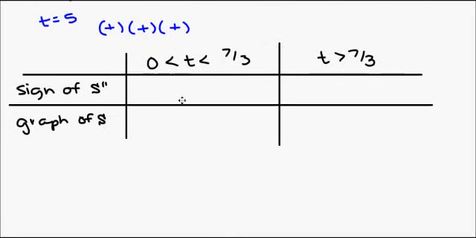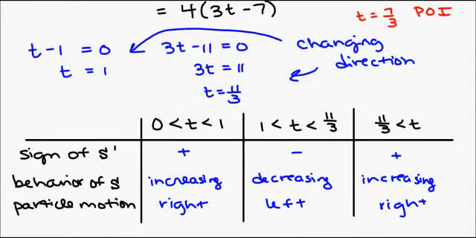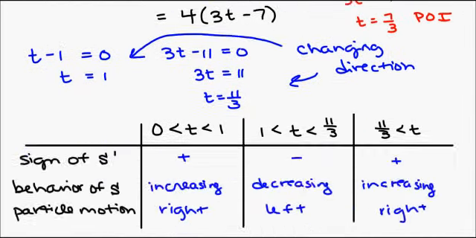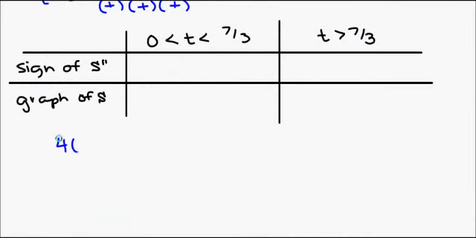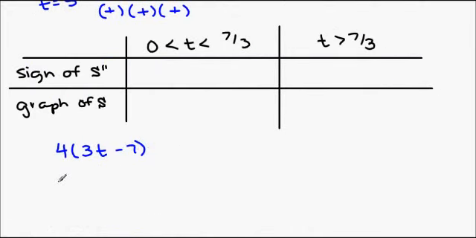So let's plug in a 1 for this first interval. And if I plug in a 1, what was my function? 4 times 3t minus 7. Yeah, okay. So if I plug in a 1 here, I get positive 4 times a negative.